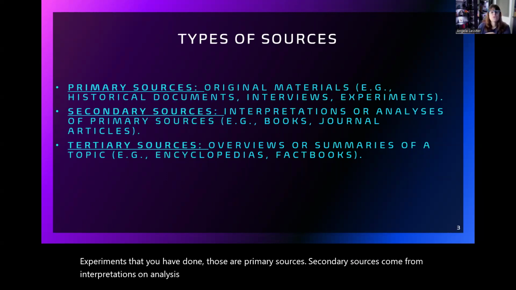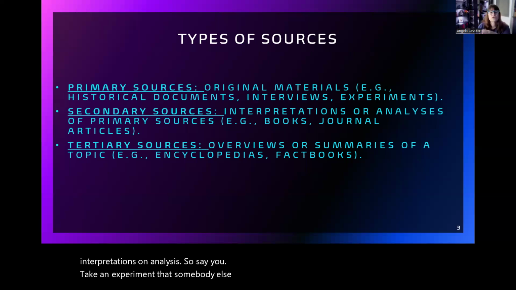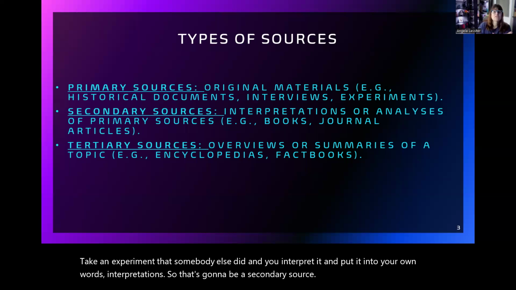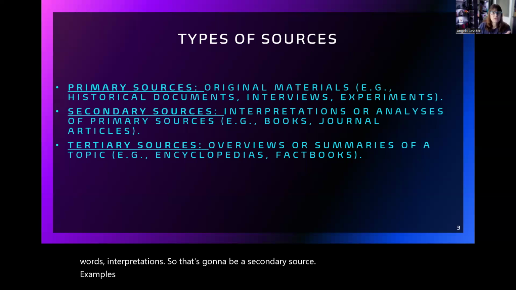So say you take an experiment that somebody else did and you interpret it and put it into your own words. That's going to be a secondary source. Examples of those could be books, journals, articles. Those are all secondary sources that you are interpreting.